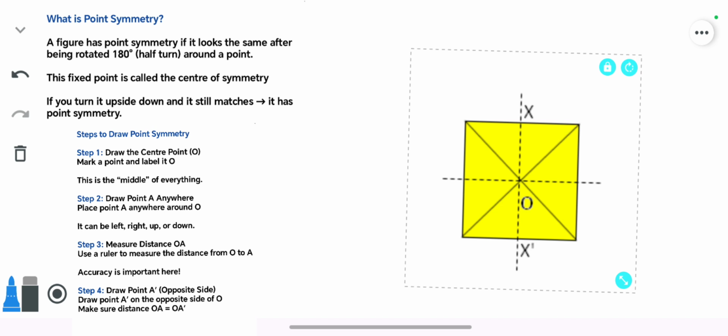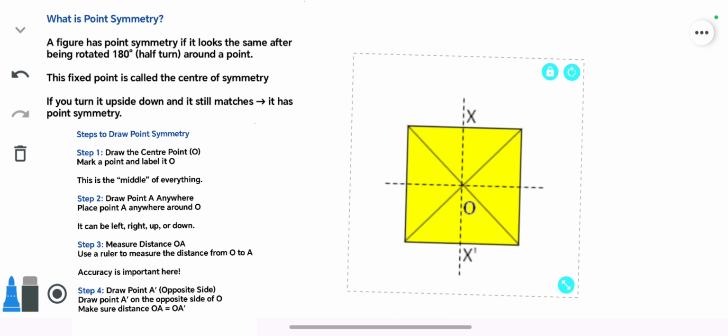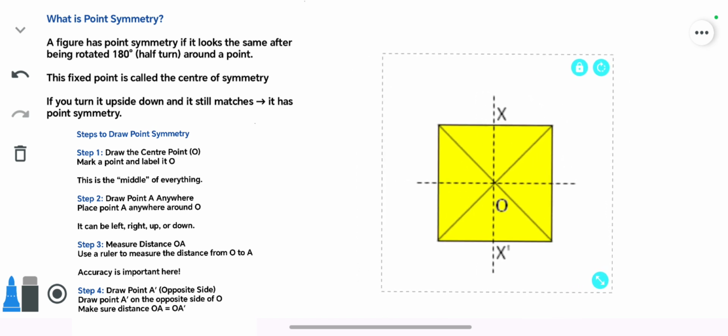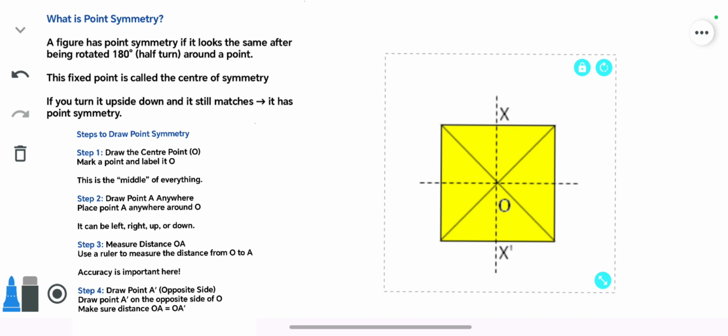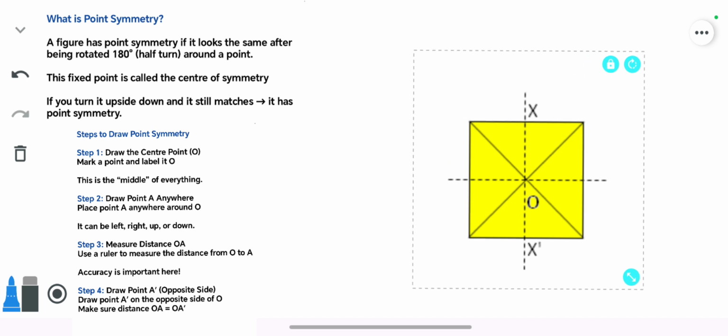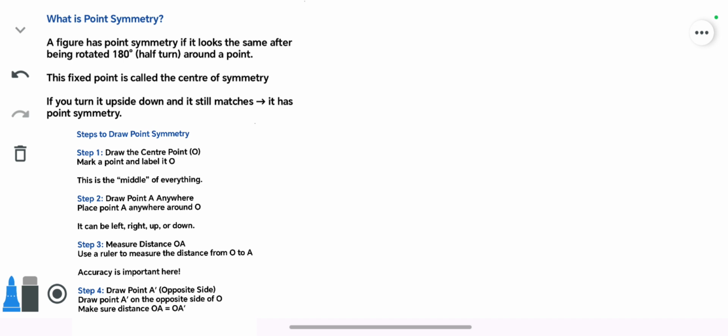Alright, so before we move on to understanding the different steps you can use to draw point symmetry, you will first of all need to understand what point symmetry is.